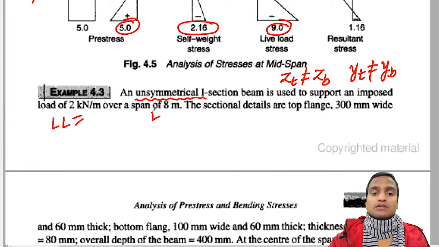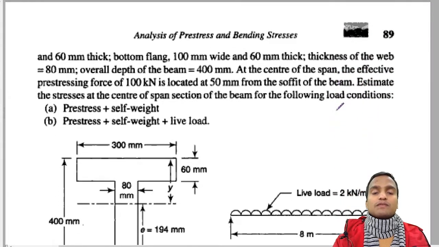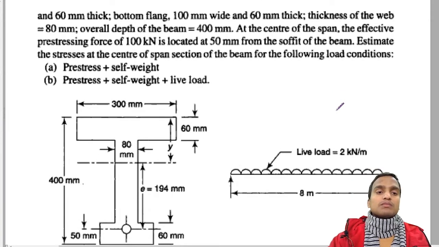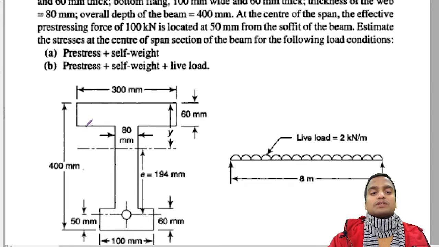The sectional details are: top flange 300 mm wide and 60 mm thick, bottom flange 100 mm wide and 60 mm thick, thickness of the web is 180 mm, overall depth of the beam is 400 mm. So we have drawn the diagram of this I section with the help of the given dimensions. This is the diagram of an unsymmetrical I section.